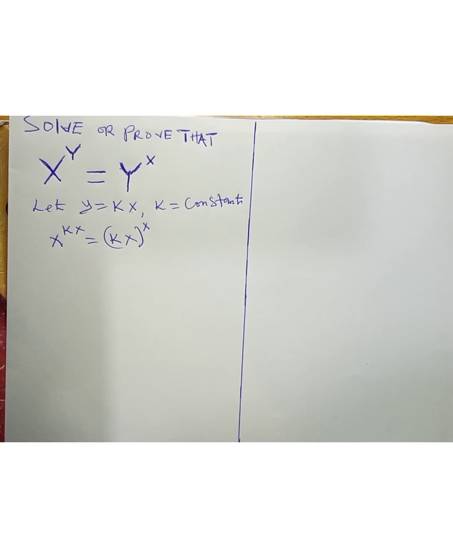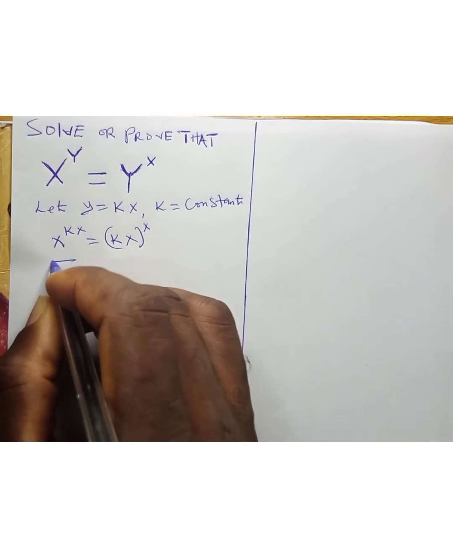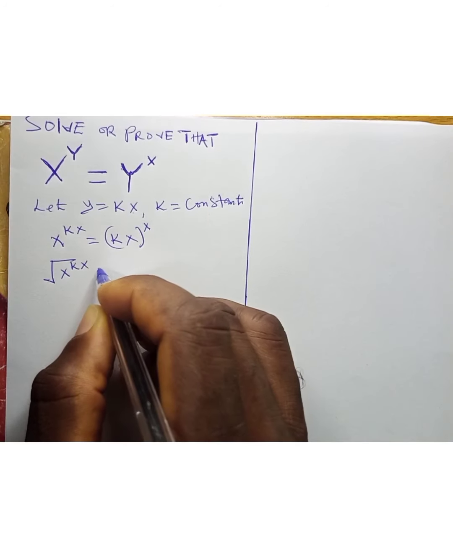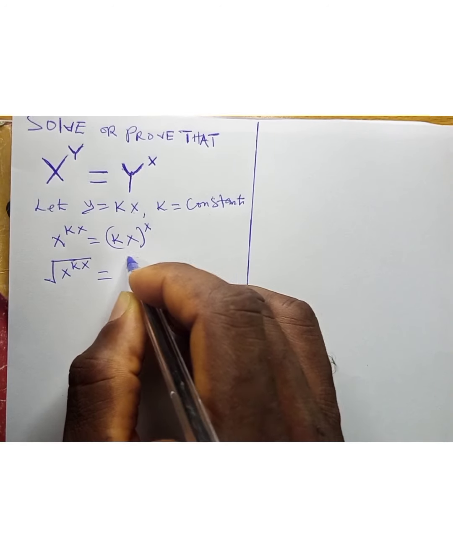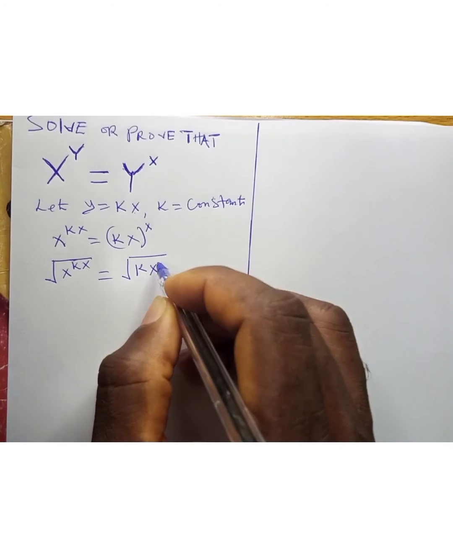So if y equals kx, we can now take the square root of both sides. We are going to have the square root of x raised to power kx equals the square root of kx raised to power x.